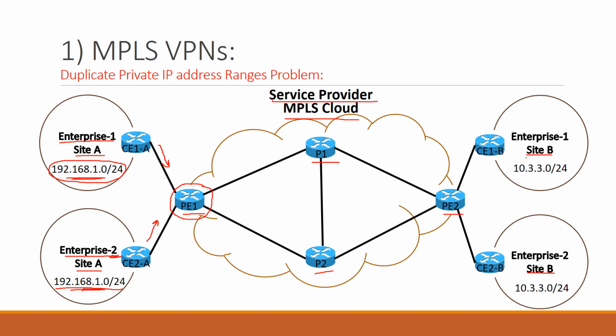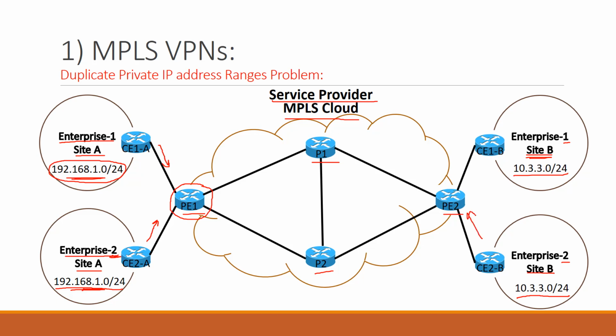Similarly for site B, for the two enterprises, let's start with enterprise 1. It uses subnet 10.3.3.0/24, and for enterprise 2 site B, it uses the same prefix as well, or the same subnet 10.3.3.0/24.